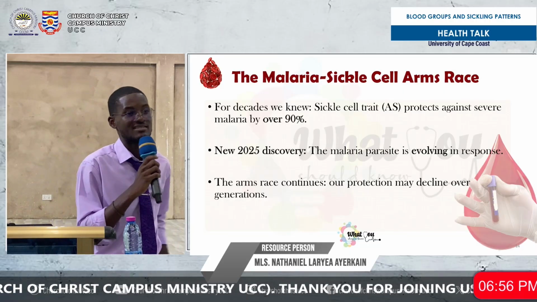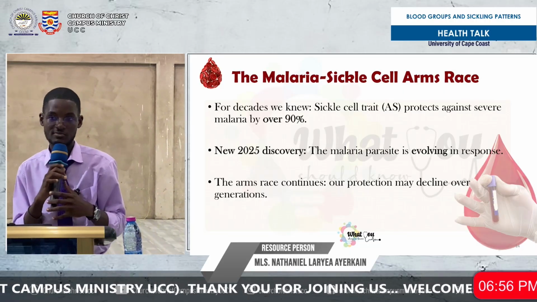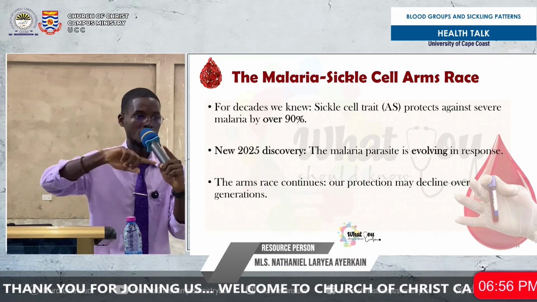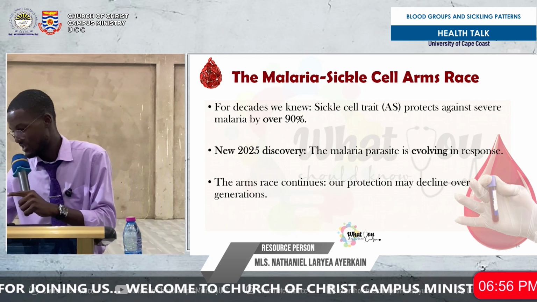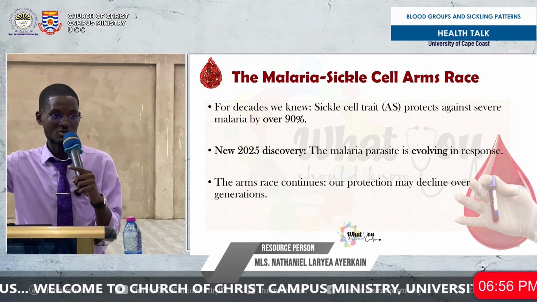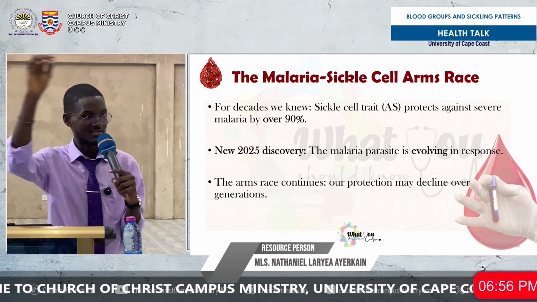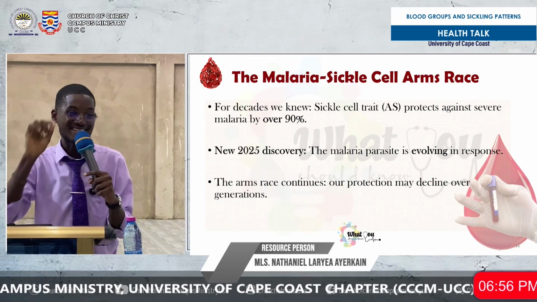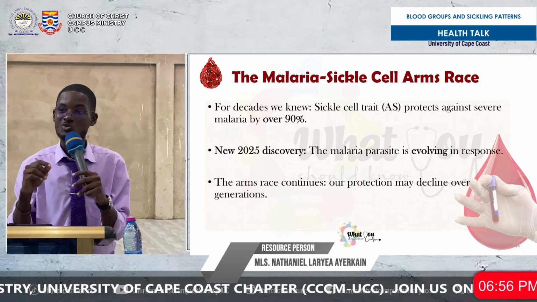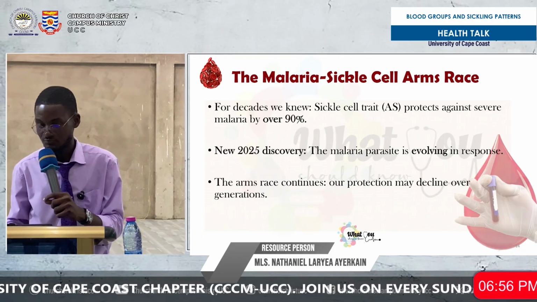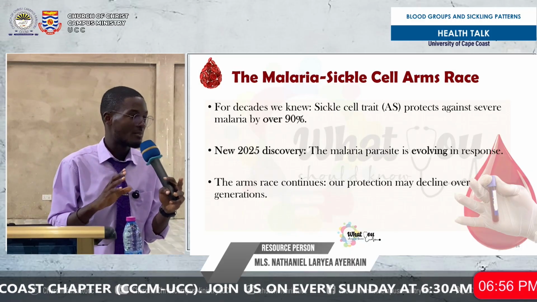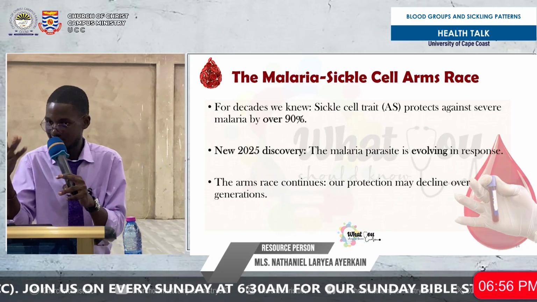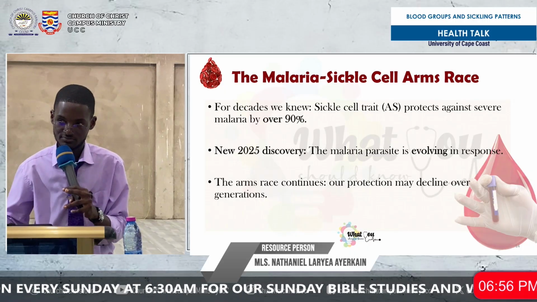Because if the parasite enters your system, there are stages the parasites move into, like a mosquito: egg, larva, pupa, adult mosquito. For the parasites, they have stages as well. Gametocytes, etc. That gametocyte stage is the stage where active infection occurs. And for some reason, people who are AS, after getting infected, just breed that gametocyte phase of the parasite.